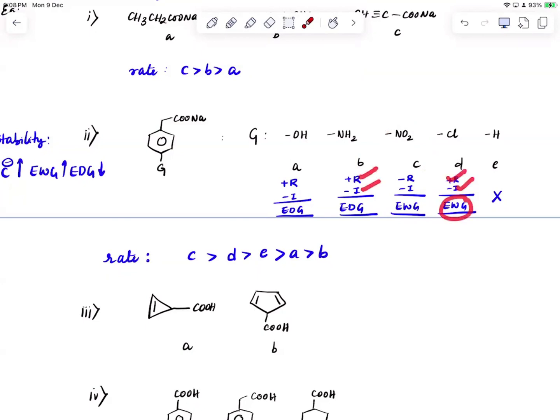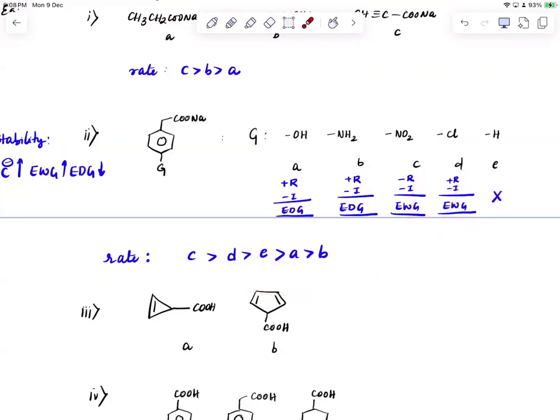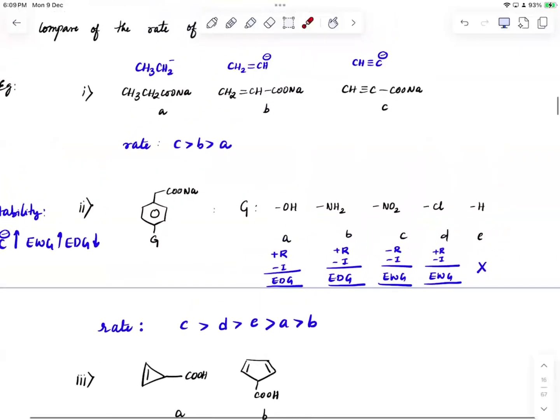NH2 is strongly donating, OH is strongly donating. Hydrogen has nothing. So therefore C will be the best, then D, then E, then afterwards between OH and NH2, OH is less donating and NH2 is highly donating in this case. So that's how you'll be able to figure out the rate of SLDC.